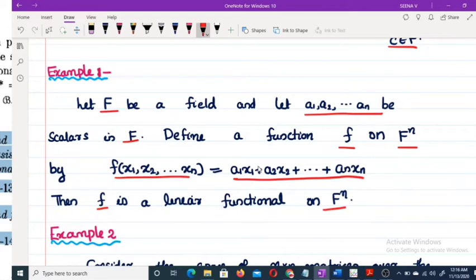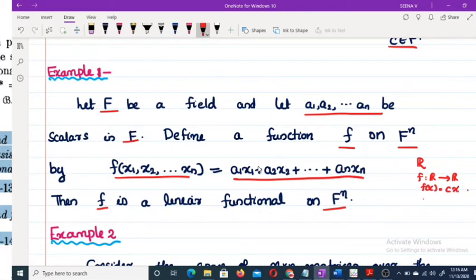Suppose you take R; it is of the form f from R to R defined by f of x equals cx.